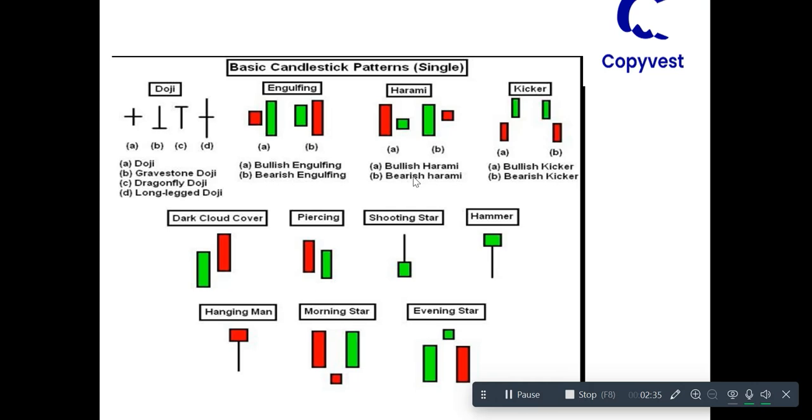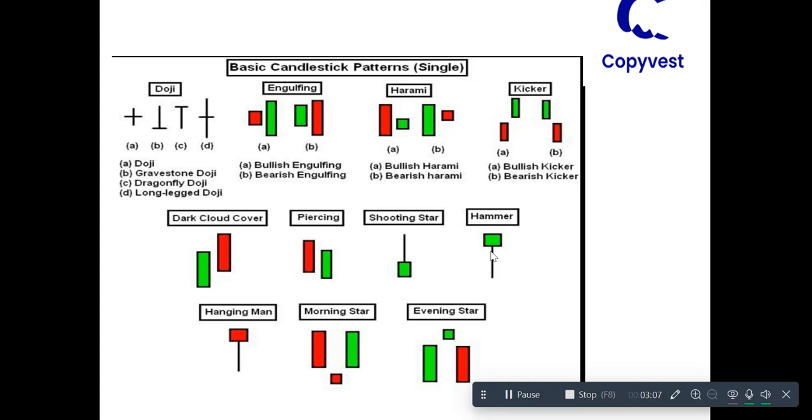Okay, now we have the harami. Some of these do not happen often, but we're going to discuss more the hammer, the shooting star. So the hammer is always found at the bottom of a trend. Usually used to identify, you can see the shape is like a hammer, opened higher, has little or no upper body, upper shadow, but has a long shadow.